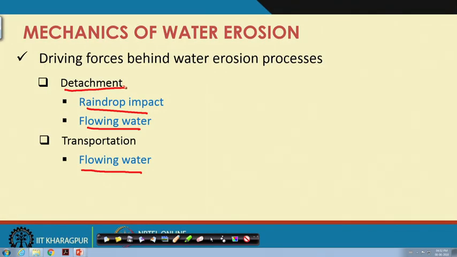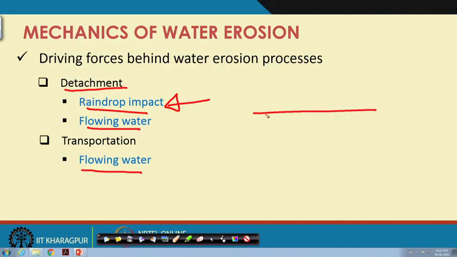Detachment of soil particles takes place, and simultaneously another phenomenon is occurring, that is the rainfall. When the rainfall occurs on a soil surface, obviously the first process that starts is infiltration.